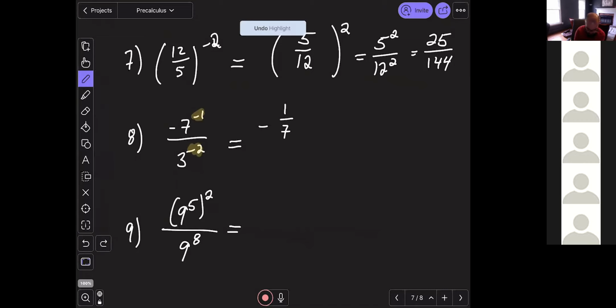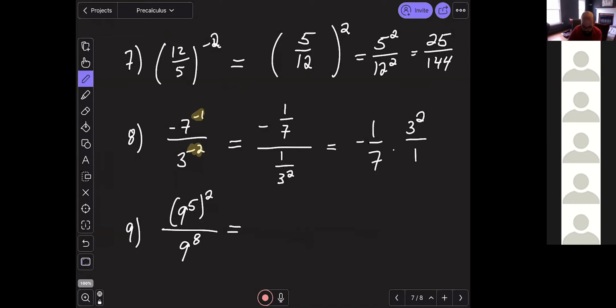Okay, so this is going to be negative 1 over 7 divided by 1 over 3 squared. Right, I'm thinking about it this way on purpose because now we run into one of these situations where we have a fraction inside of a fraction. But if I'm dividing by 1 over 3 squared, that's really the same thing as multiplying by the reciprocal, which is 3 squared over 1.